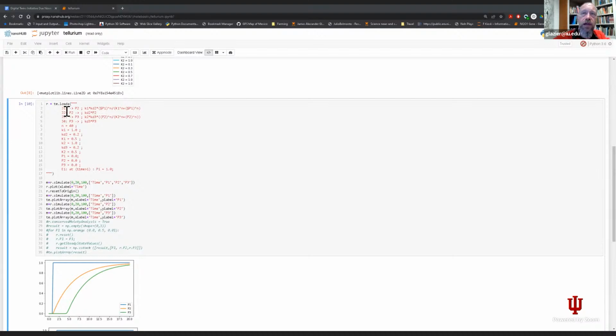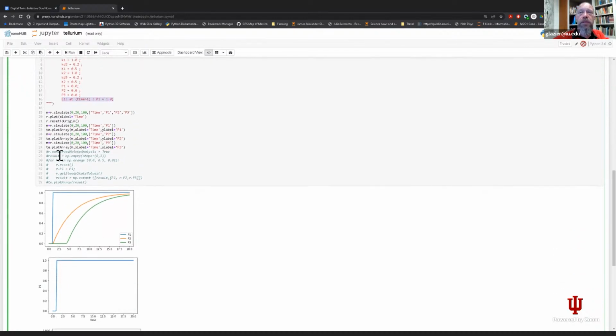So what do I have here? I have P2 being created, P2 being destroyed, P3 being created by P2, P3 being destroyed. And here I am simulating it, and I turn on P1 at time 1 so that it starts at 0 and I can see it turn on.